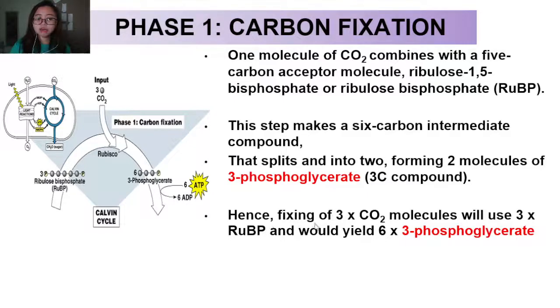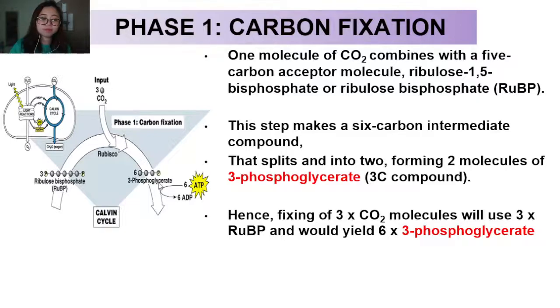Hence, fixing of 3 molecules of carbon dioxide will use 3 molecules of RUBP and would yield 6 molecules of 3-phosphoglycerate. Kita akan lakukan step ini 3 kali. 1 molekul carbon dioxide dengan 1 molekul RUBP, hasilkan 2 molekul 3-phosphoglycerate.